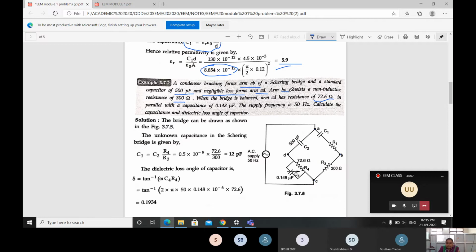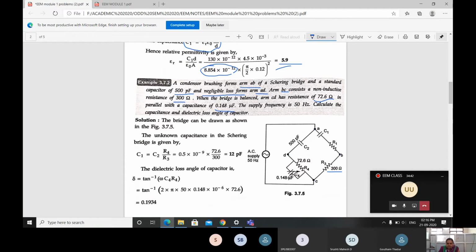Then across BC, a non-inductive resistance, only resistance, that is 300 ohm, is connected, taken as R3. Then when the bridge is balanced, arm CD has a resistance of 72.6 ohm, which you take as R4, in parallel with a capacitor of 0.148 microfarad.